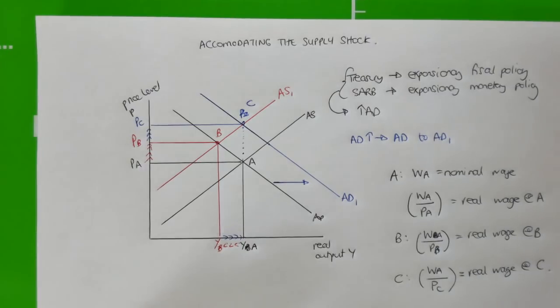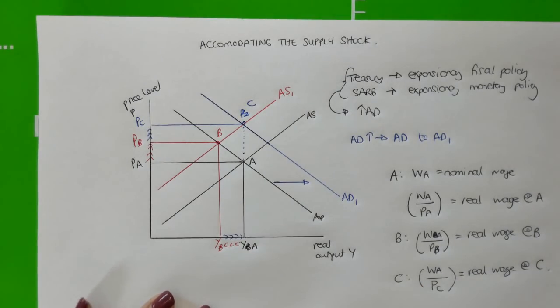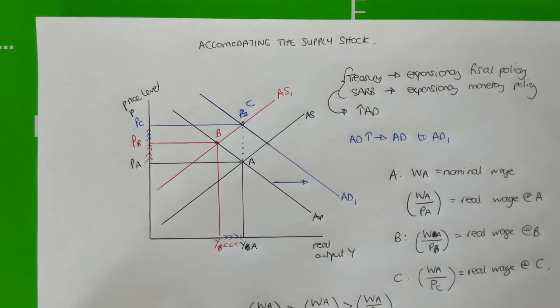Okay? So the big thing to note here is that the real wage at A is higher than the real wage at B, and that's higher than the real wage at C. So there is no easy way out of a supply shock, I suppose, is the point.